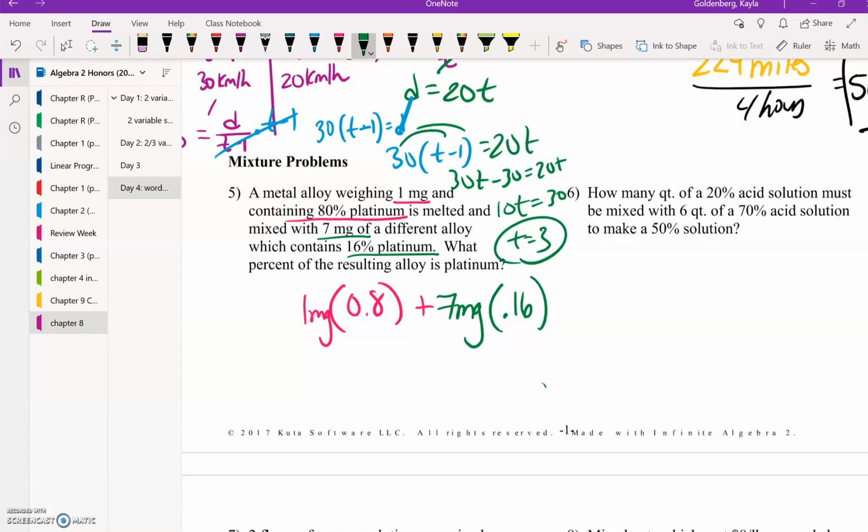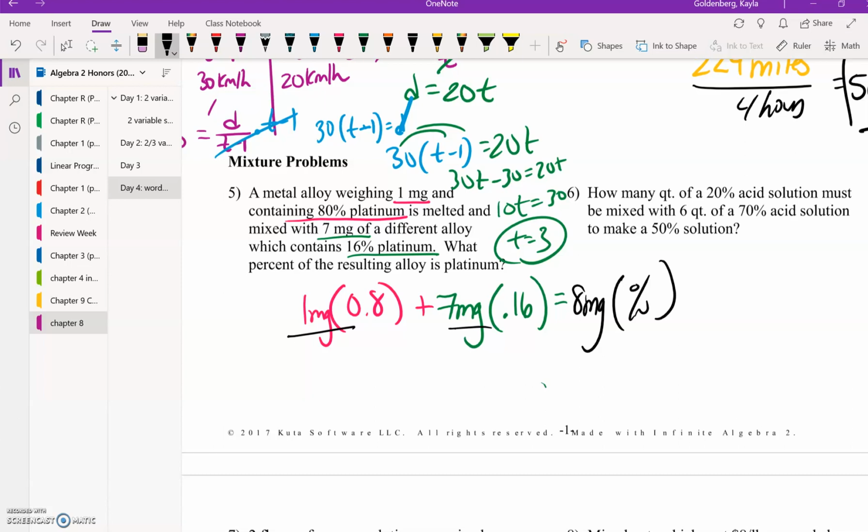Okay. So we know that it's going to add up to be 8 milligrams. We want to know the percent, so that's what we're looking for. Together they're 8 milligrams, and that's just getting the 1 and the 7 together, right?